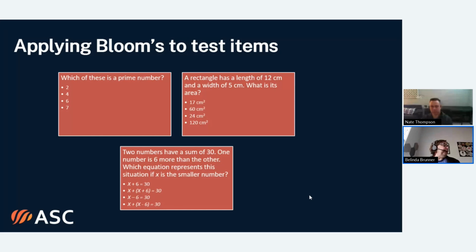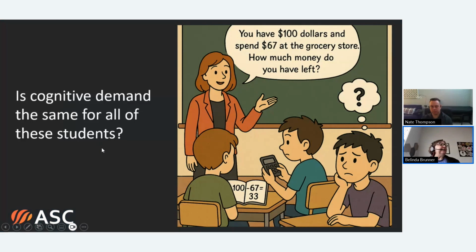So if we look at this little cartoon, it's a class, and it says you have $100 and spend $67 at the grocery store. How much money do you have left? Well, we have three situations here with three students. One of them sees that exact question in a textbook. So even if their textbook wasn't open, if they remembered that question, they wouldn't have to work it out.